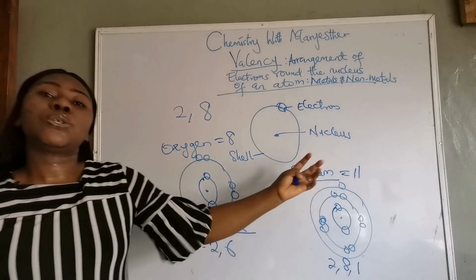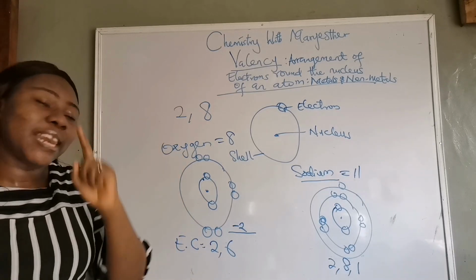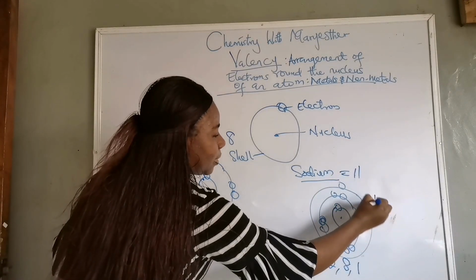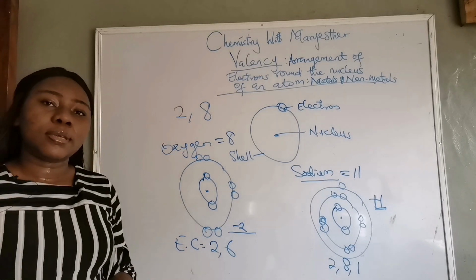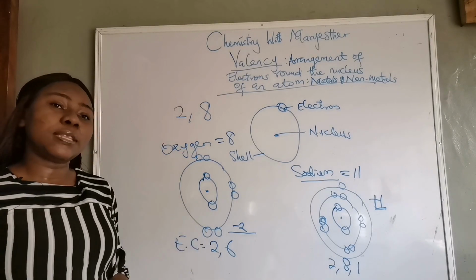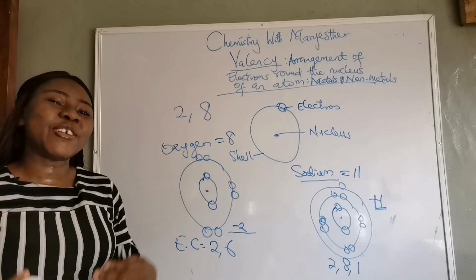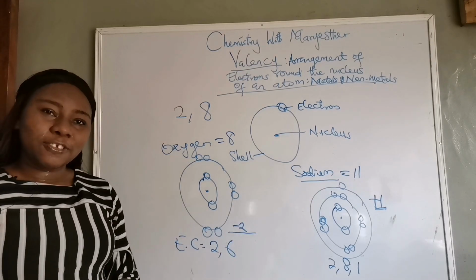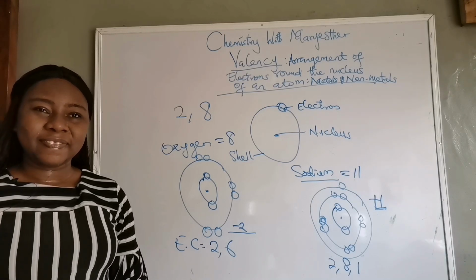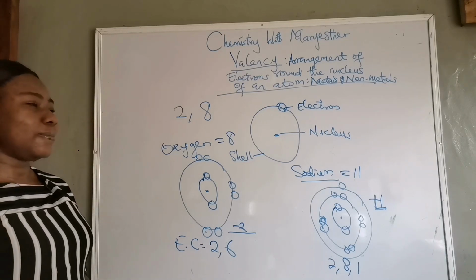So it will lose 1 electron to have a valence of +1. Because it is a giver, it is seen as a good person, a reducing agent, and it has a valence of +1.